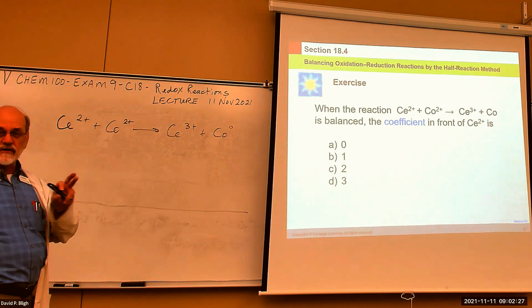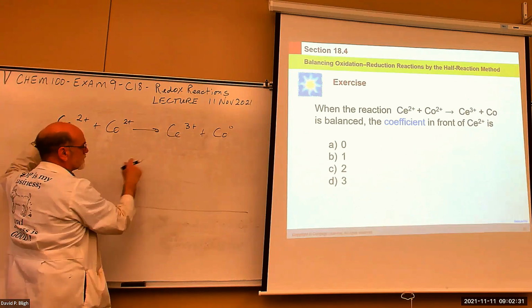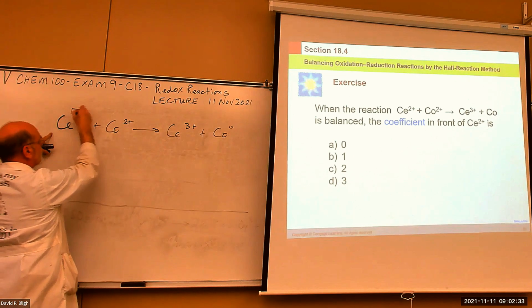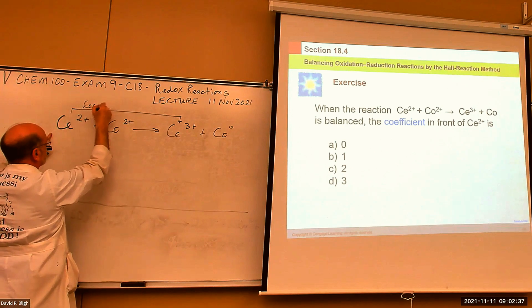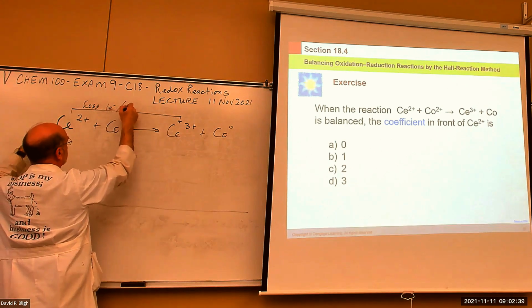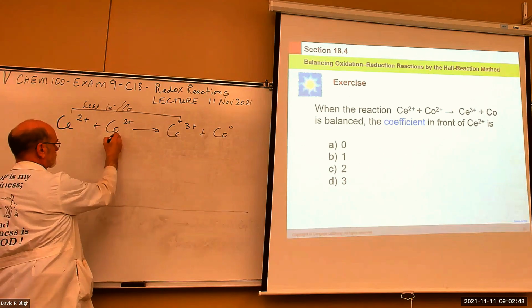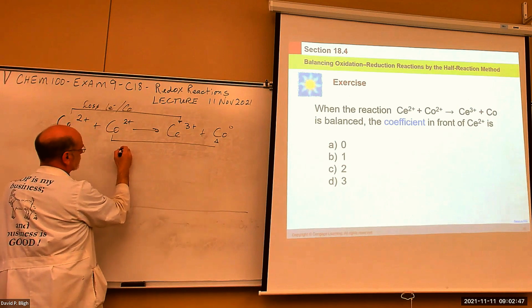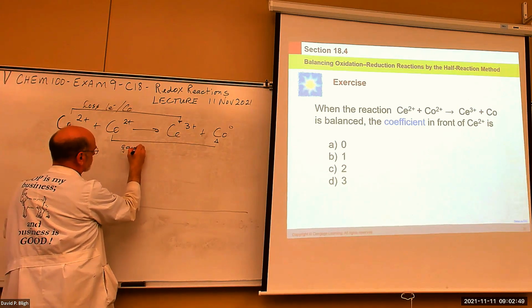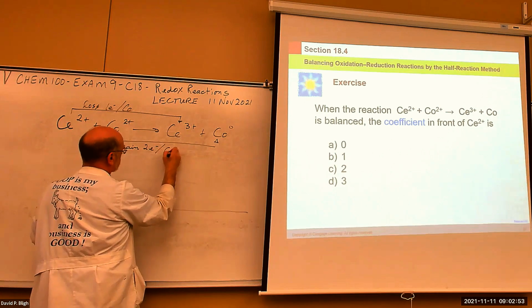Okay, which one's oxidized? Cerium goes from 2+ to 3+. It's increasing oxidation number. It is oxidized, loss of 1 electron per cerium. Cobalt is reduced, gain of 2 electrons per cobalt.